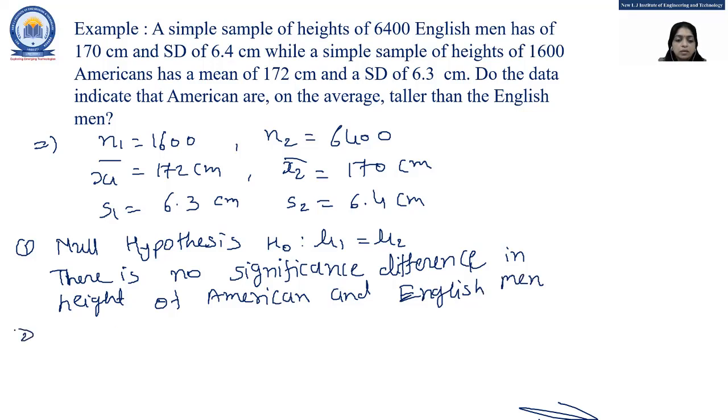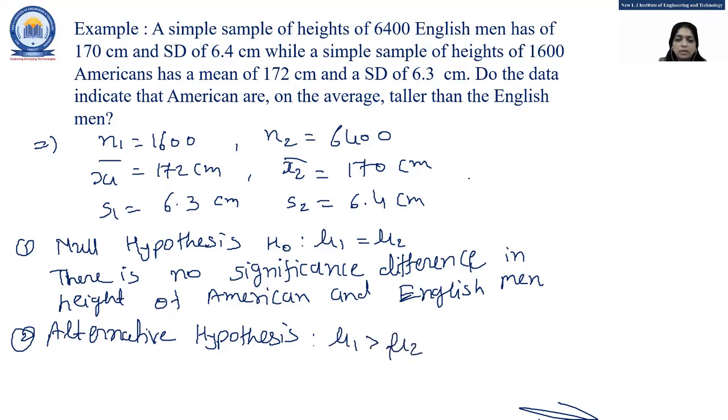Number 2, alternative hypothesis, and that is mu1 greater than mu2. Why greater? Here we have to check, do the data indicate that Americans are on the average taller than the Englishmen?